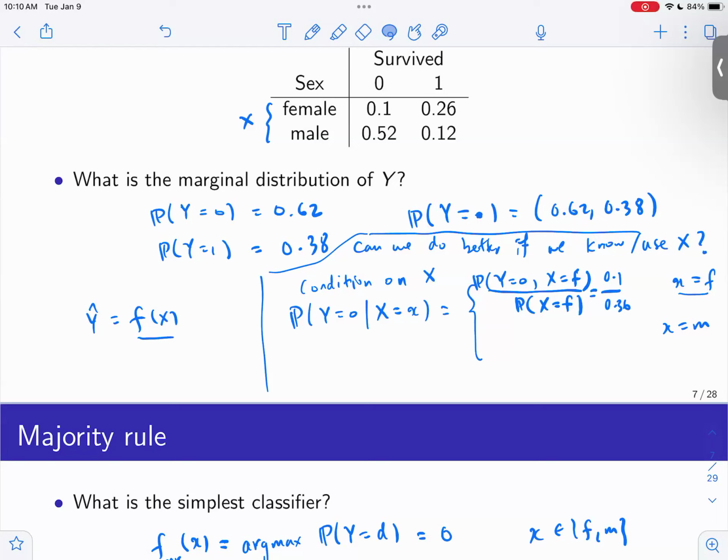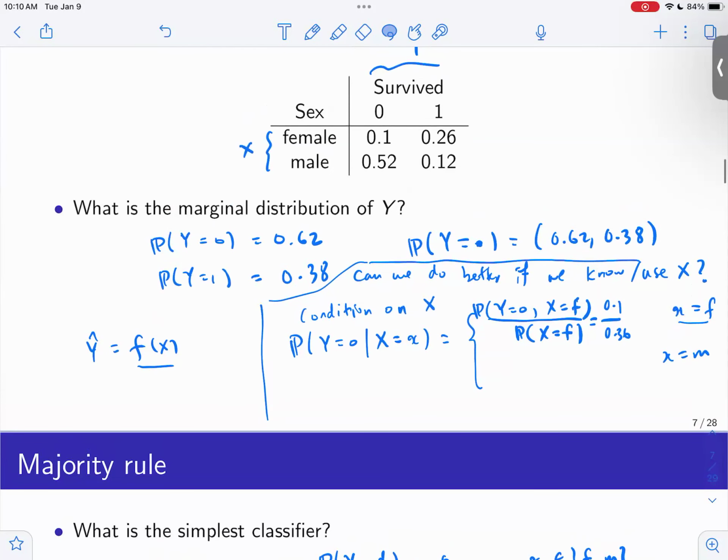Oh, this doesn't look good. Okay, let's do one. Actually, I just want to compute this one, it's a little bit better.